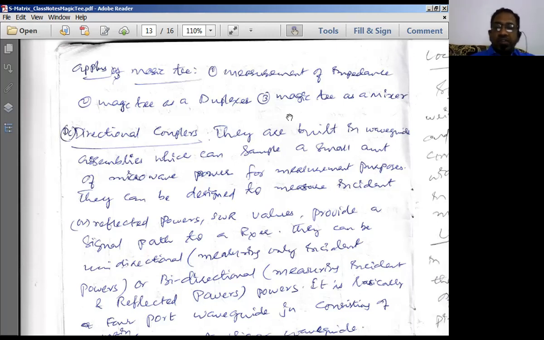So the duplexer plays a vital role in simultaneous transmission of signals. Next, the magic tee is used as a mixer circuit in many microwave receiver circuits. These are some of the applications of the magic tee.